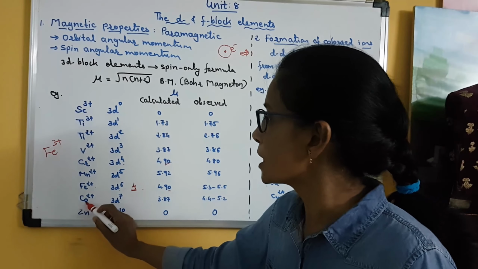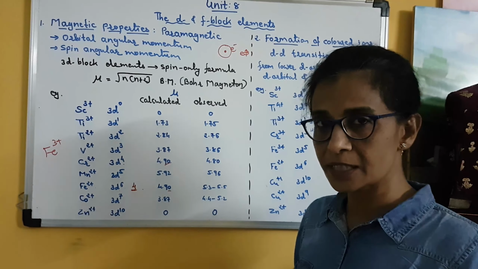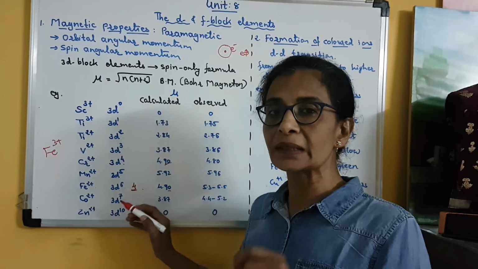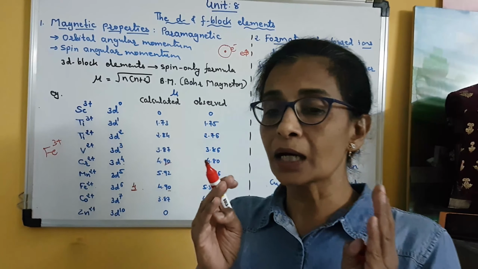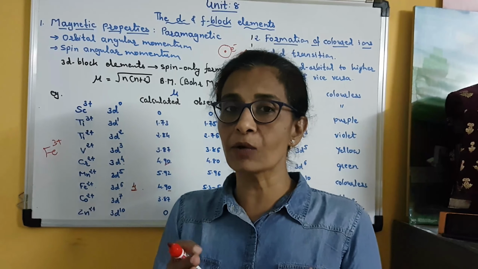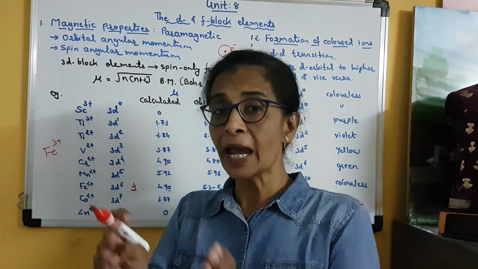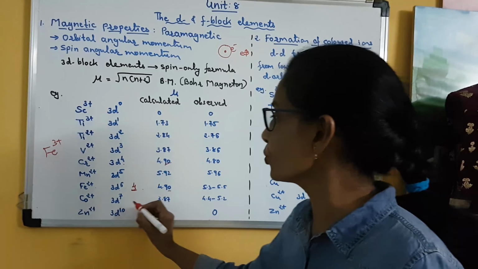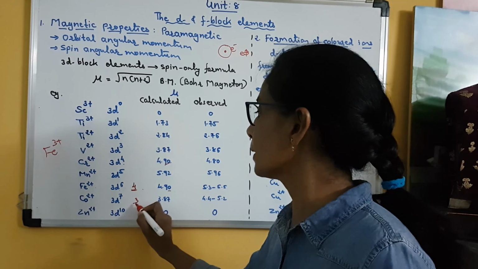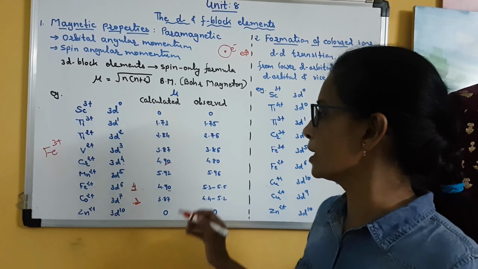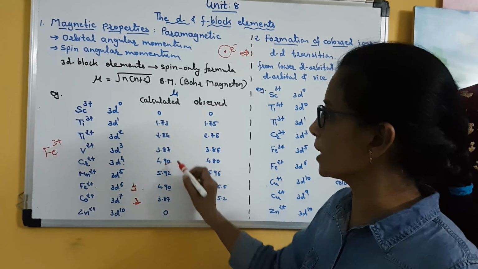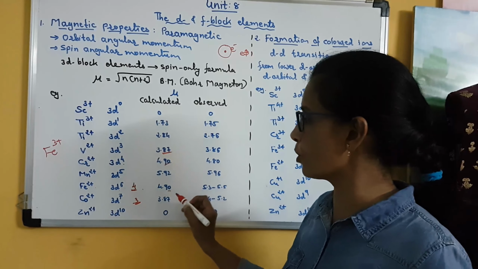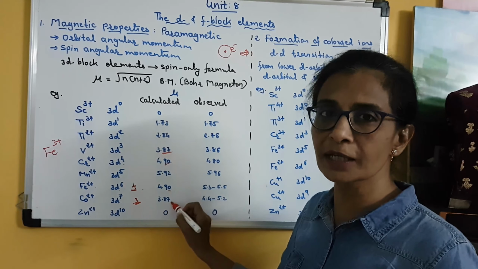Then comes Co2+ ion, cobalt 2+ ion. Its configuration is 3d7. 3d7 means 2 d orbitals have electron pairs. Clear? And the remaining 3d orbitals have unpaired electrons. So in cobalt 2+, the number of unpaired electrons is 3. If n is equal to 3, then here you can see 3.87 is the calculated magnetic moment. So the same value we will get here also.